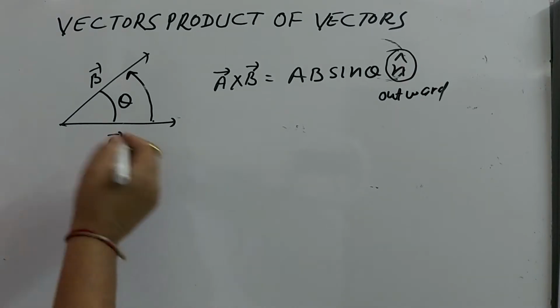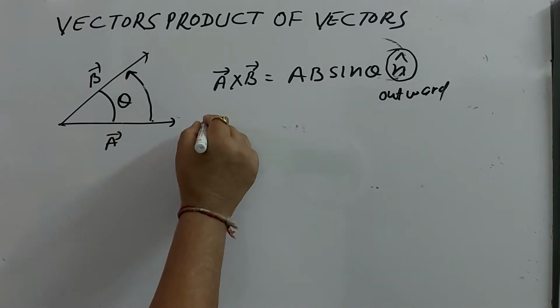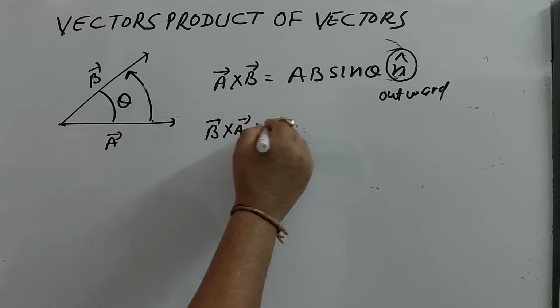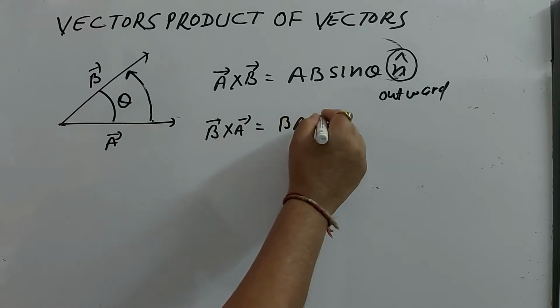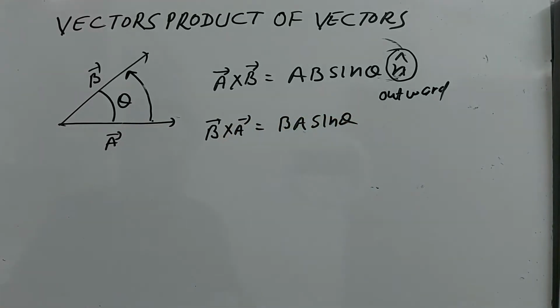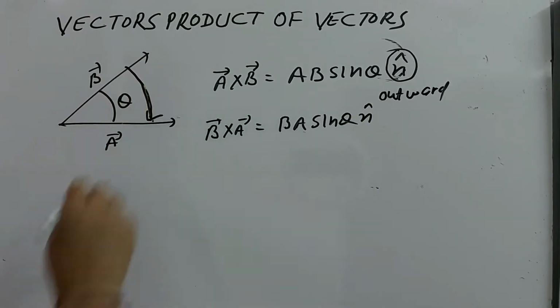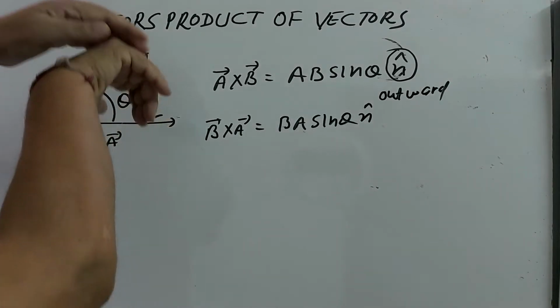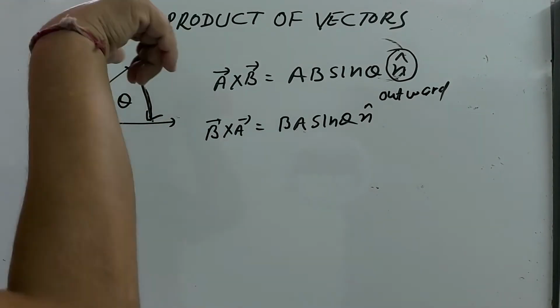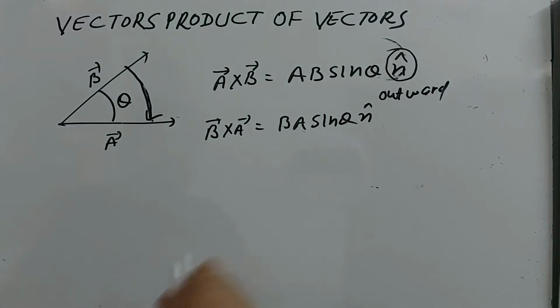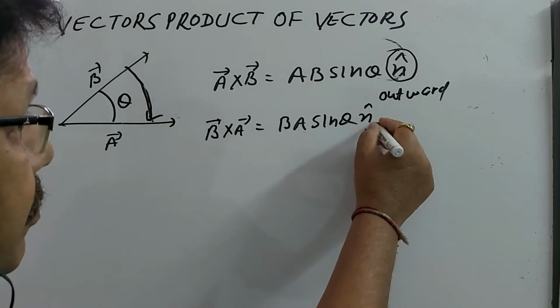Now if we have to find B cross A, again this will be equal to BA sine theta into some unit vector. Now the direction of this unit vector, because we are going from B to A, then our curl will be like this and the thumb will be inward, so this direction will be inward.